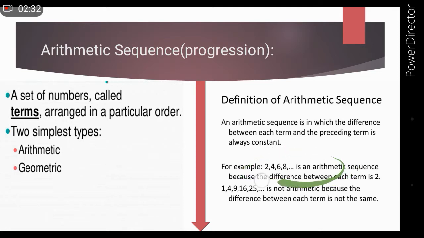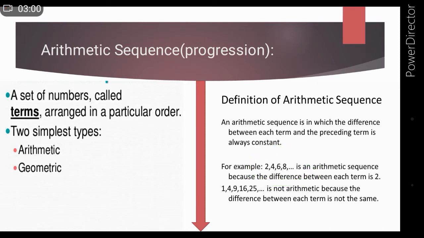The first term is 2, the second term is 4, and the difference is 4 minus 2, which is 2. Similarly, the third term is 6 and the second term is 4: 6 minus 4 is 2. Then 8 minus 6 is 2. You can observe that the difference between two terms is 2. It is the same, so this is an arithmetic sequence.